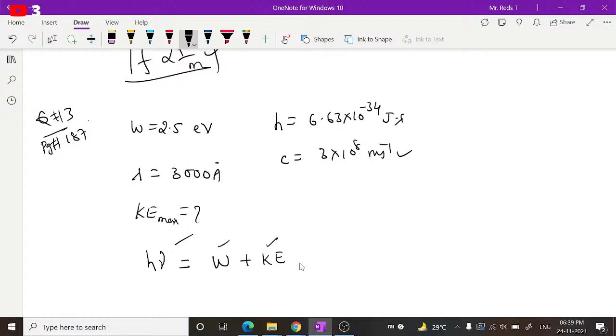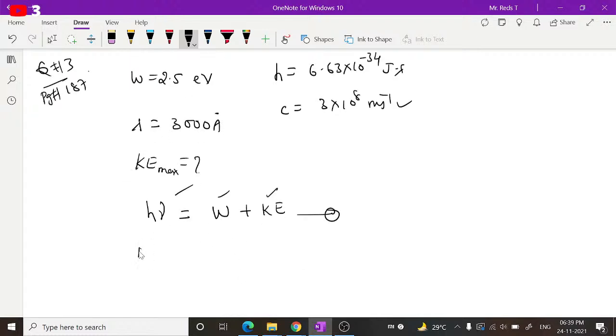Here we are asked to find KE max, so KE max is equal to h nu minus W. Work function W is given in electron volts, so you don't need to worry about this. What is h nu? Wavelength is given. If light of this wavelength is incident, what is the maximum kinetic energy of the ejected photoelectrons? We are asked to find.